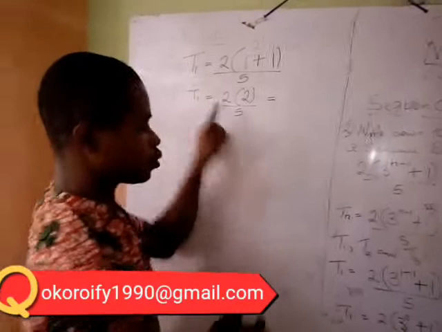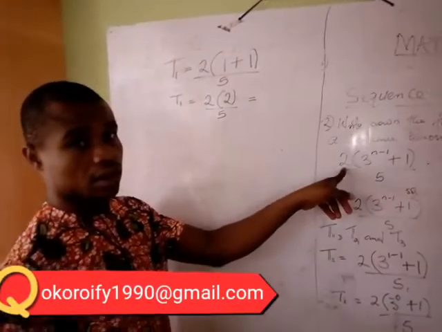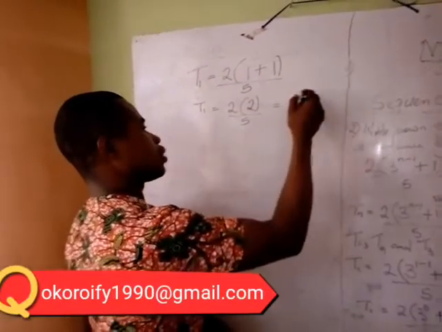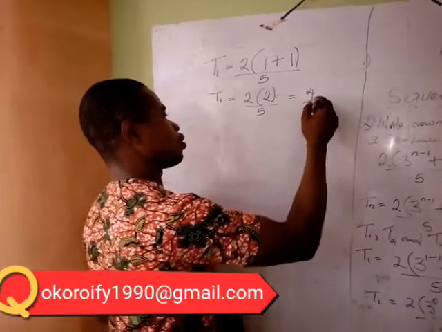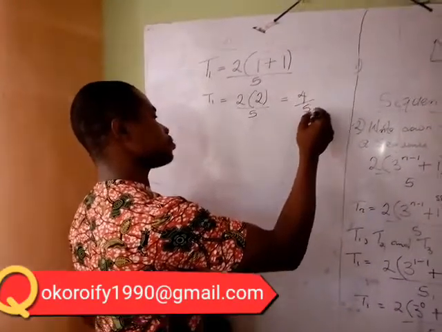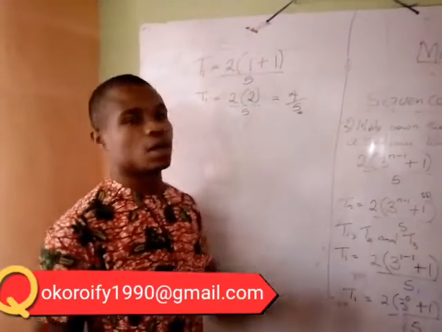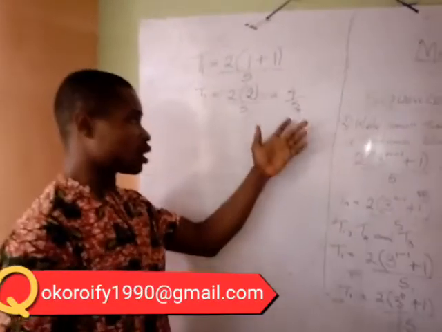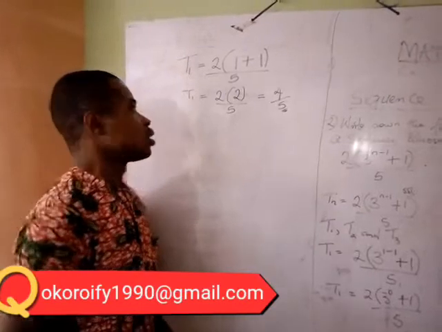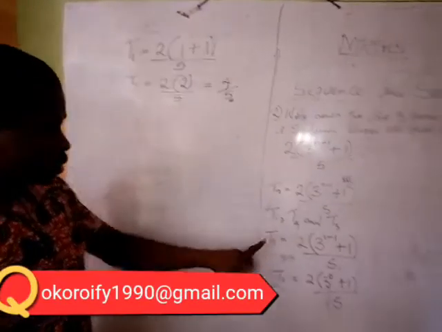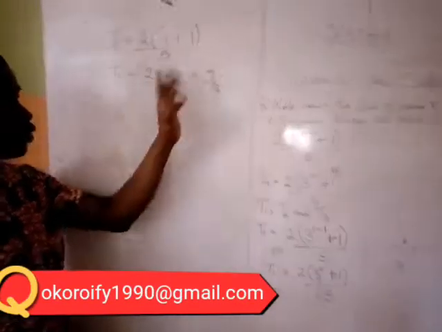Remember that this particular 2 is from the pattern. So the 2 times 2 here will give us 4 over 5. At 4 over 5, nothing can divide here. This is 4 over 5, which is a proper fraction. So you leave your answer as proper fraction. Then you go down to the next term, which is the T2. That's all for the first term.